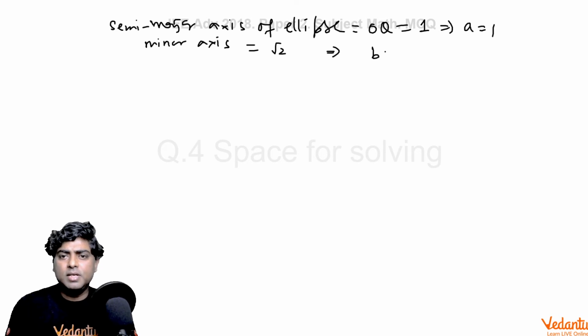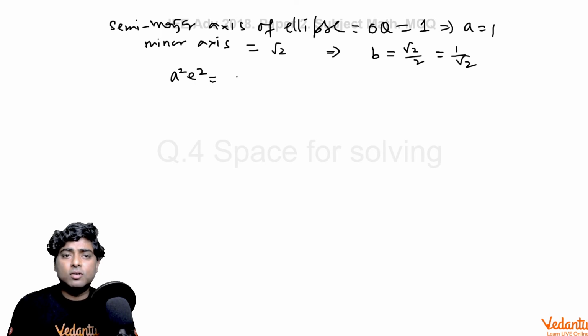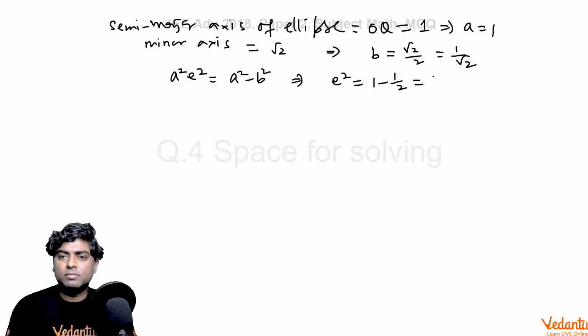So we can say B, the semi-minor axis, is root 2 by 2, that is 1 by root 2. If we find the eccentricity, we know A square E square is equal to A square minus B square. Now A is 1, so E square is 1 minus 1 by 2, since B square is 1 by 2, which is 1 by 2.